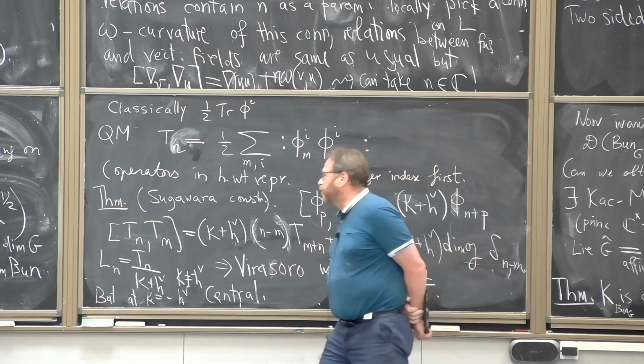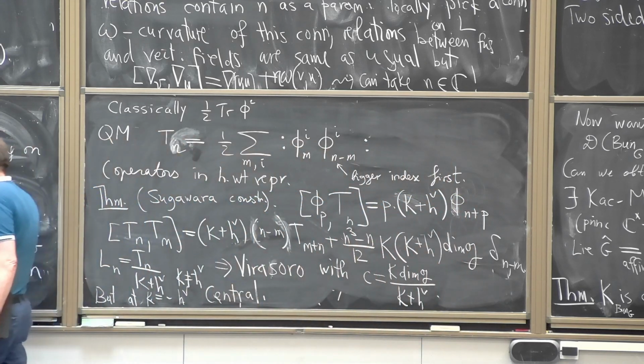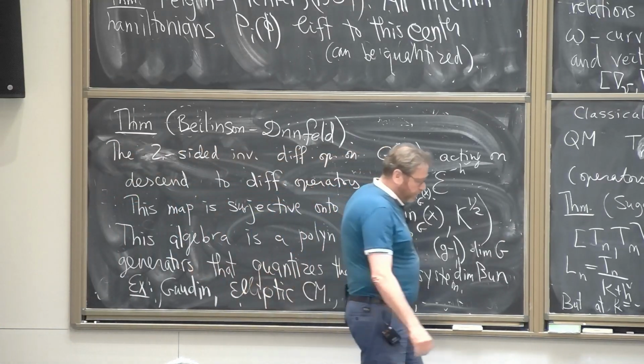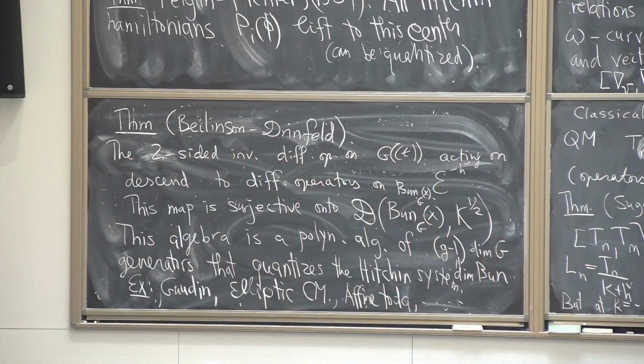Yeah, so I explained only this story for ordinary Hitchin system without punctures. So if you have punctures, then you have a way to twist the whole story. For every puncture, there is a twisting parameter.